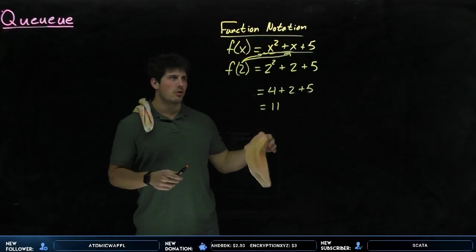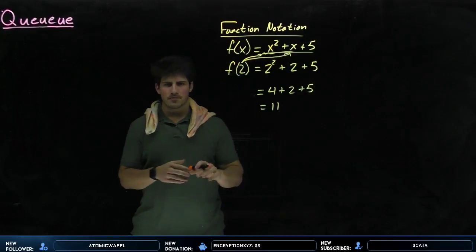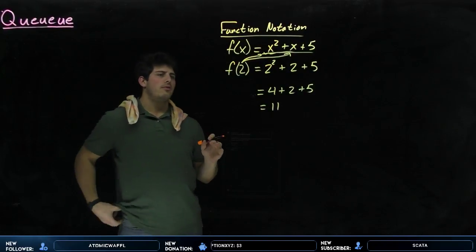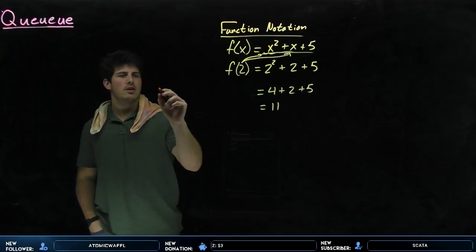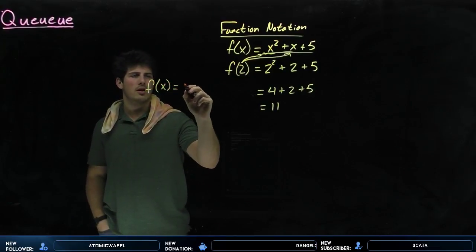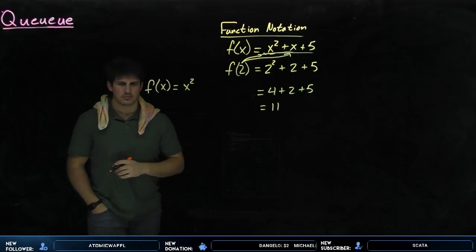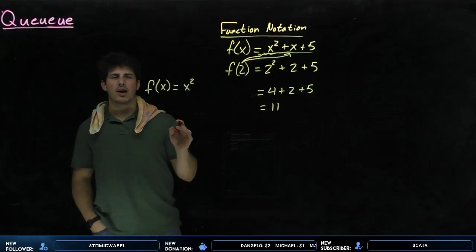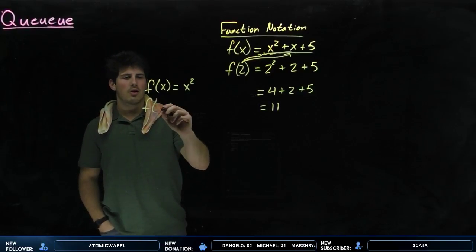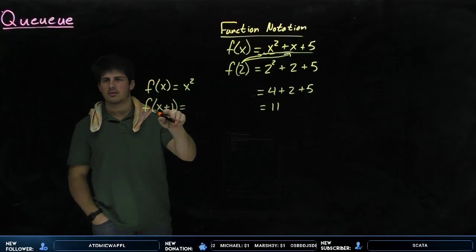There are ways they can make this a little more complicated. If they give you f of x equals x squared, just x squared for now, and then they ask you to find f of x plus 1, how do you do that?